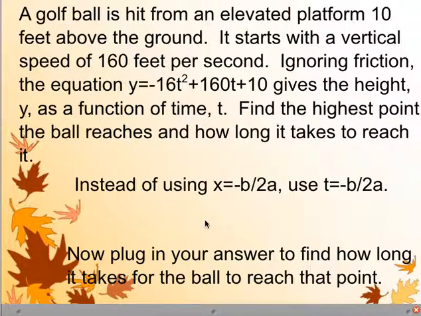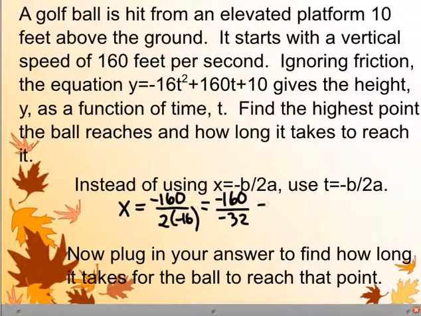So we're going to use -b over 2a. We say x, or in this case t, equals -b, which is -160, over 2a, so -32, so we have -160 over -32, which I believe simplifies just to be 5.